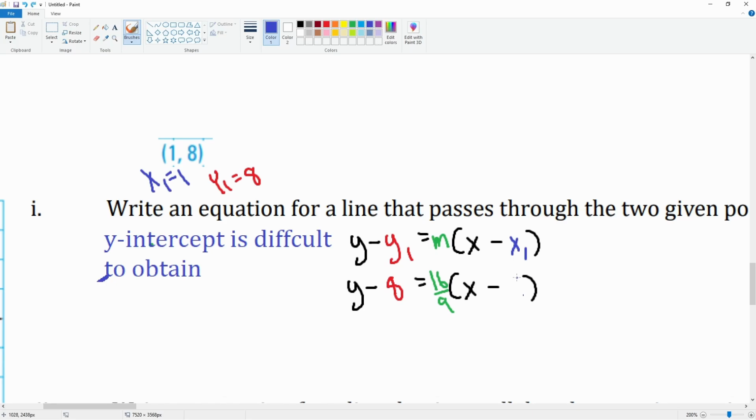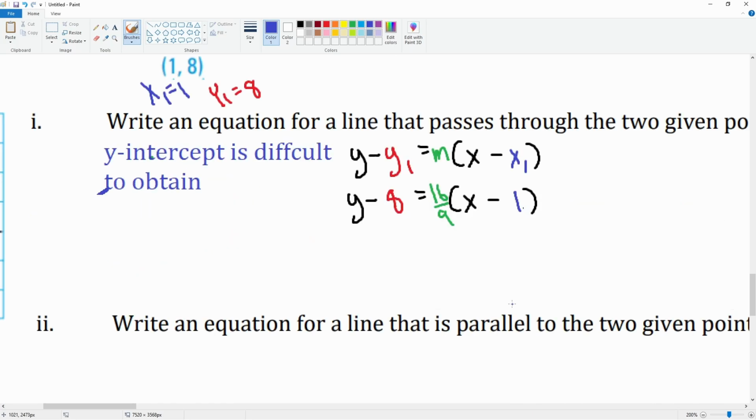All right. So we don't like this format. We want to make sure it's y-intercept form. So we have to distribute. 16 over 9 times x is 16 over 9x. 16 over 9 times negative 1 is negative 16 over 9. You want to add 8 to both sides. So y is equal to 16 over 9x.